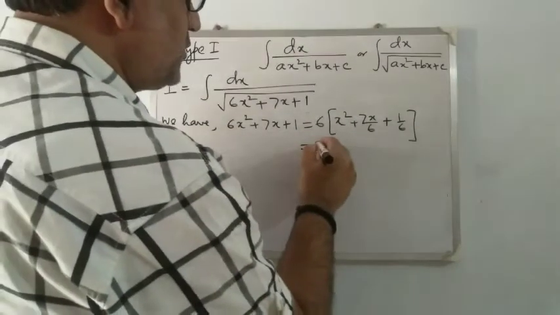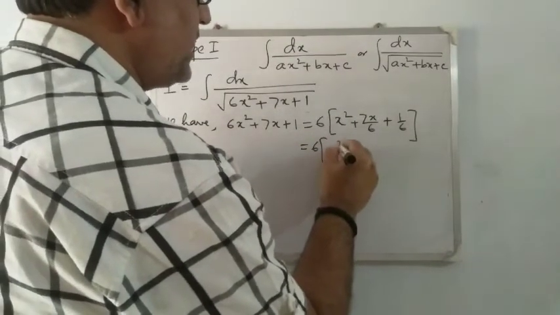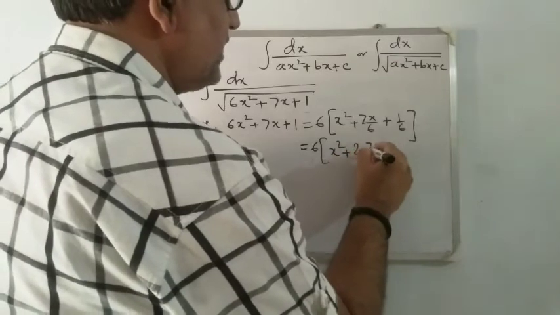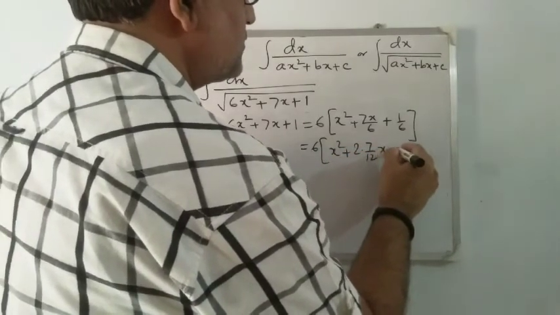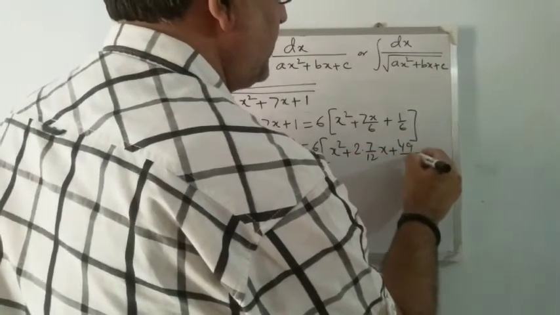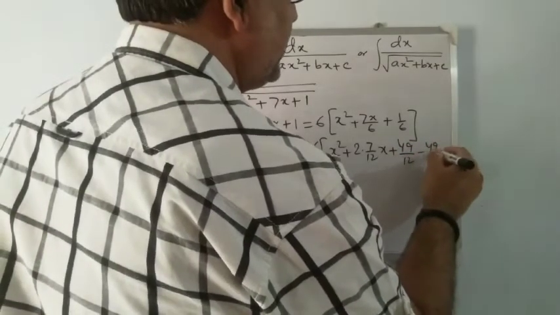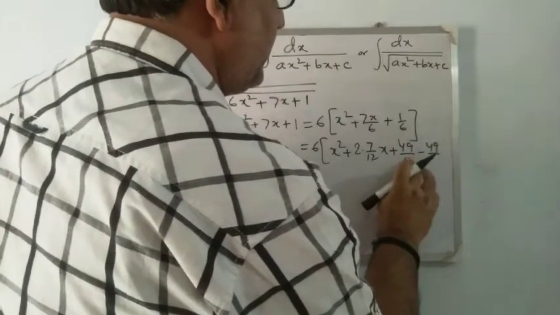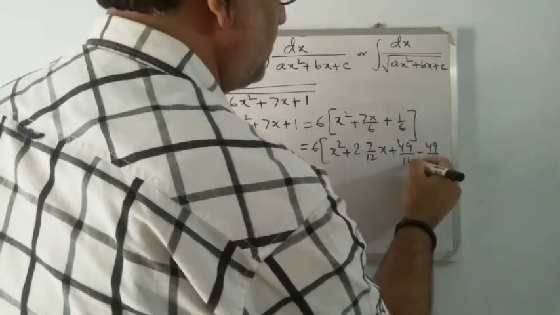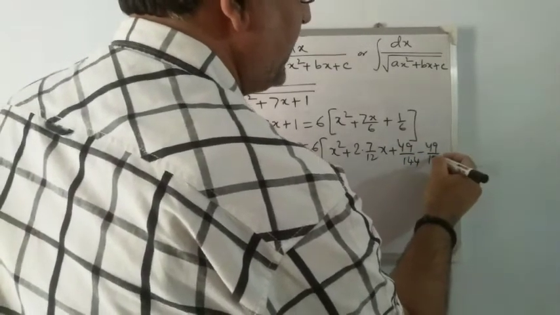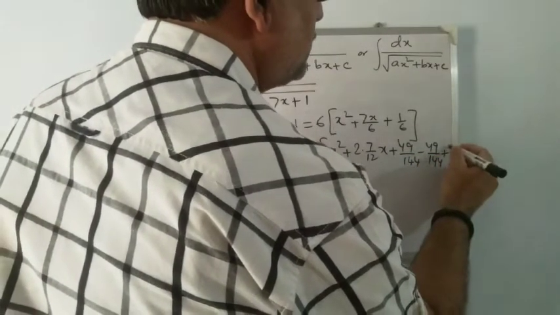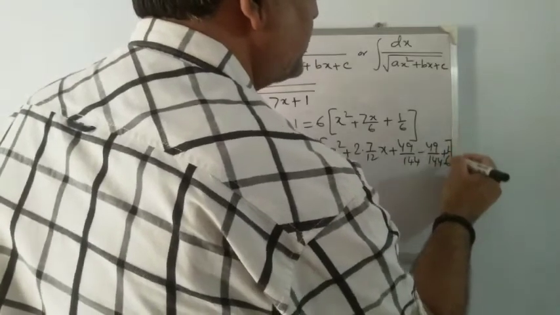Now this is equal to 6 into x square plus 2 into 7 by 12 into x plus 49 by 144 minus 49 by 144 plus 1 by 6. This result you will get.